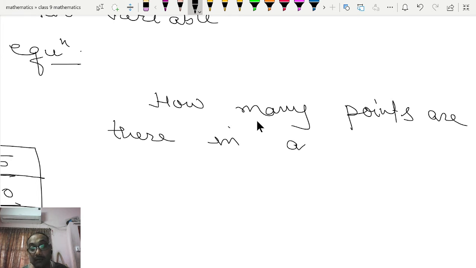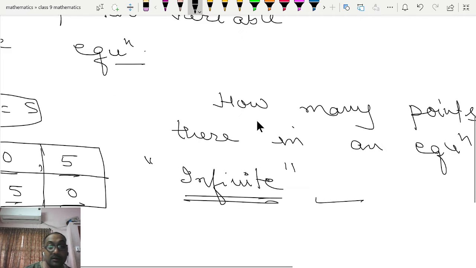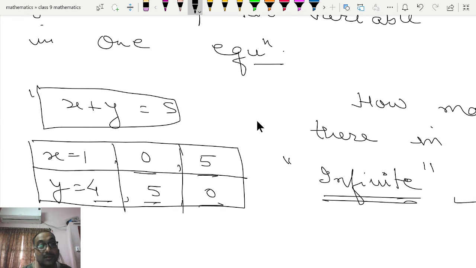You may say infinite. So similarly, you may say infinite solutions will be there in a linear equation in two variables. Clear?